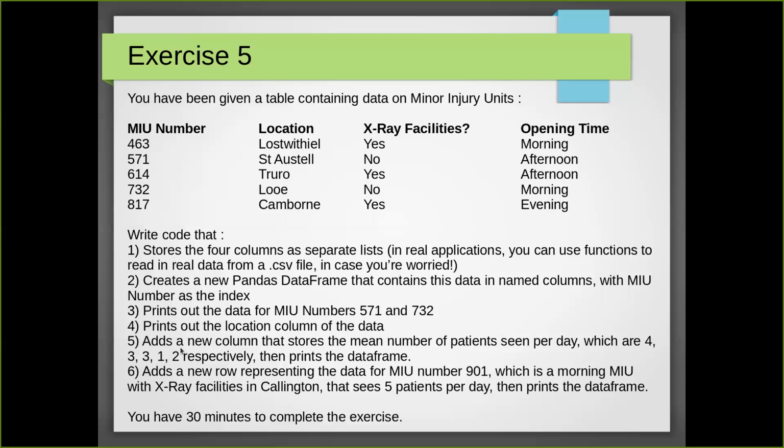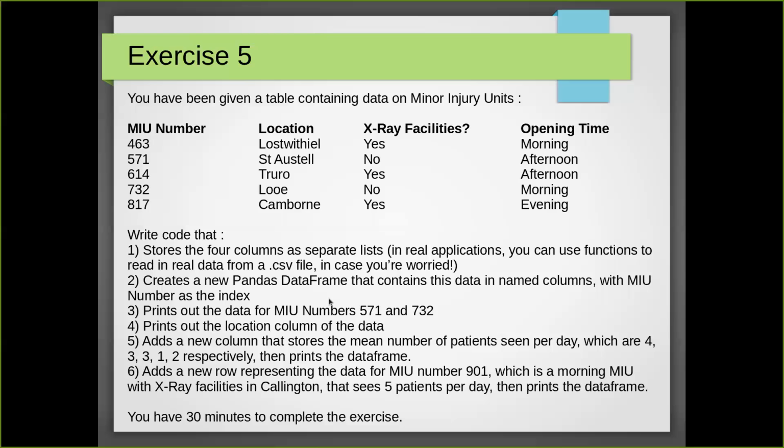I then want you to get it to add a new column that stores the mean number of patients seen per day, which are 4, 3, 3, 1, and 2 respectively, and then print the new data frame. So you're adding in an extra column here, and that indicates the number of patients they see per day. So Lostwithiel sees 4, St Austell 3, Truro 3, Lou sees 1, and Camborne sees 2.